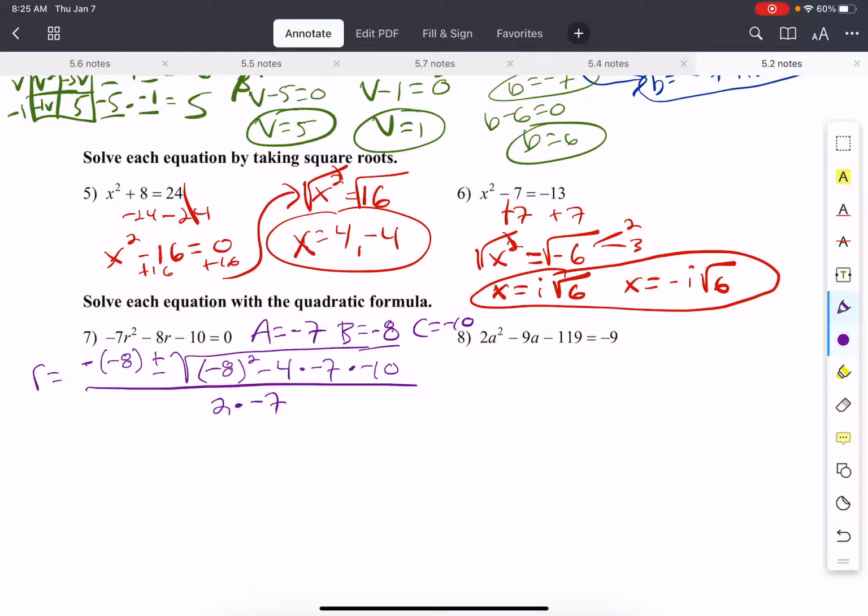Okay, first thing we simplify is the denominator, right? At this time, I also like to simplify the two negatives in front of the b, right? 8 plus or minus. Now, the next thing we simplify is under.